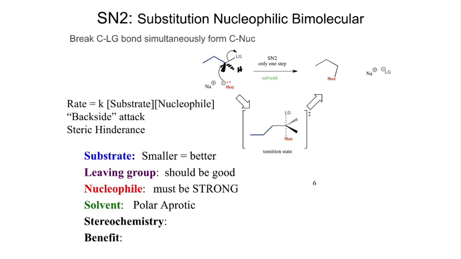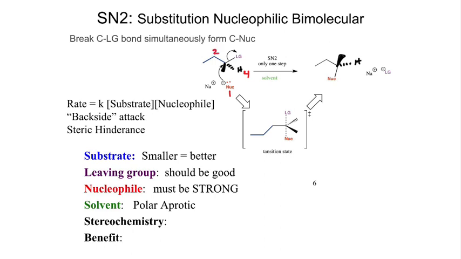It just pushes them the opposite direction. Let's call the nucleophile priority 1. Hydrogen, priority 4.